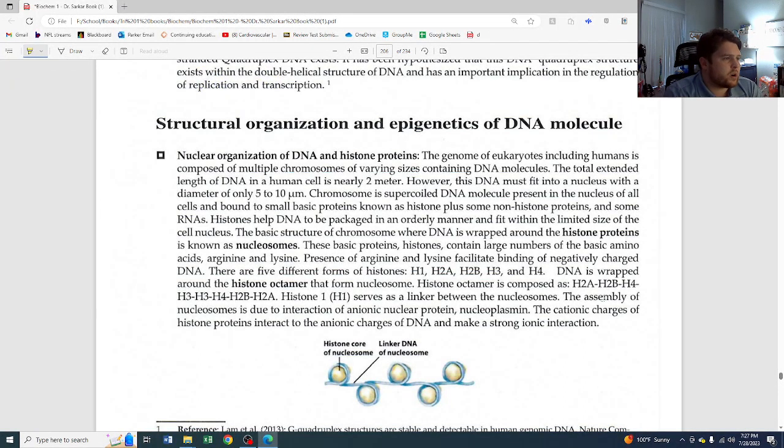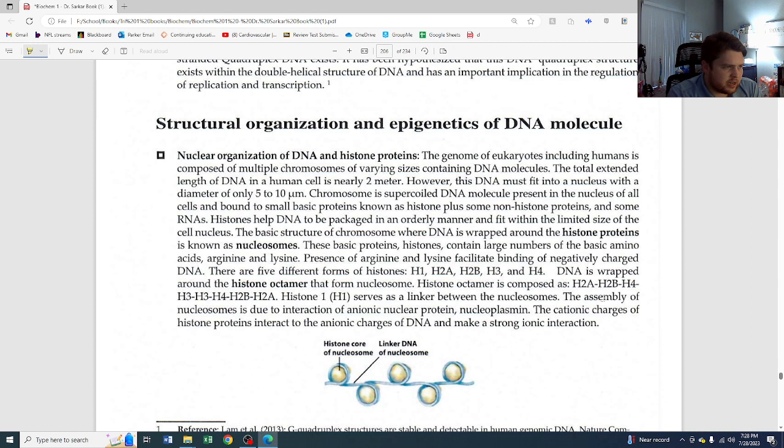Okay, structural organization and epigenetics of the DNA molecule. So the nuclear organization of DNA and histone proteins. The genome of eukaryotes, including humans, is composed of multiple chromosomes of varying sizes containing DNA molecules. The genome is just referring to all of our DNA, the DNA mapped out.